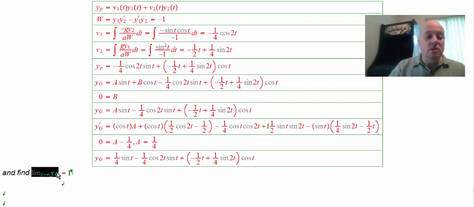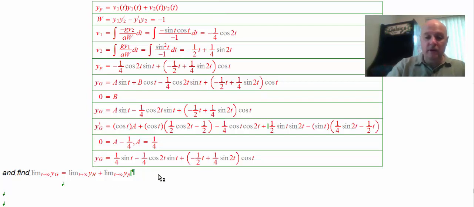Well, we do know that in general, when I take the limit as t goes to infinity of the general solution, that's just the limit as t goes to infinity of the homogeneous solution plus the limit as t goes to infinity of the particular solution. So let's just put that in there, the particular solution.